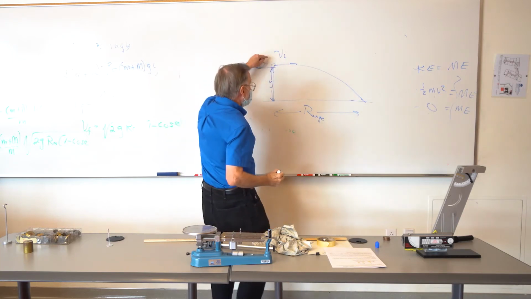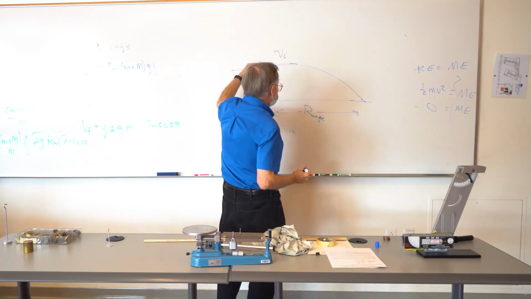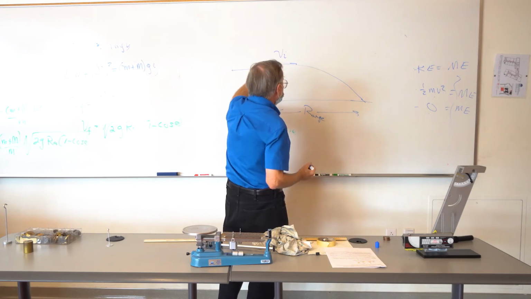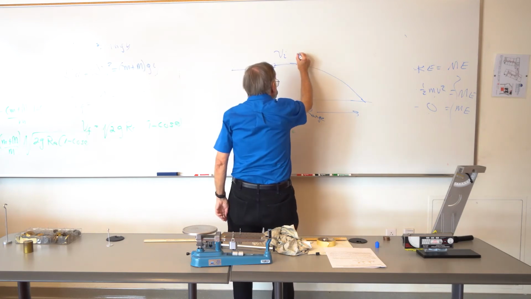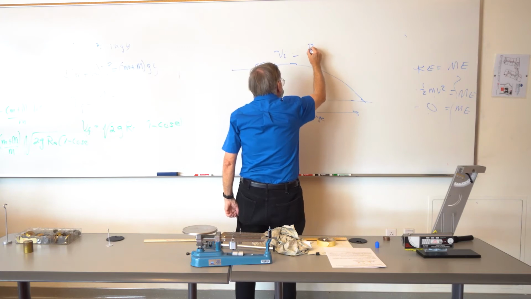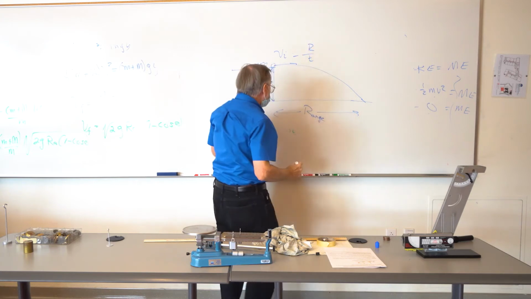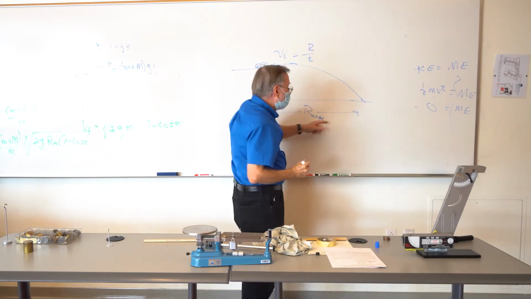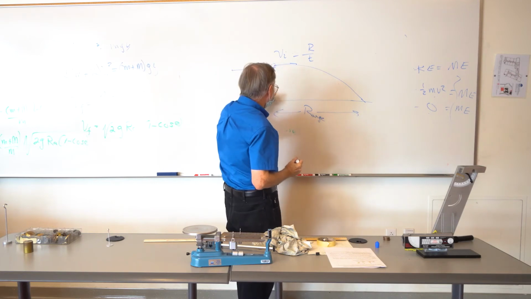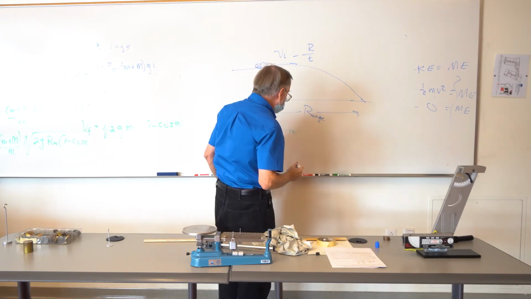Remember, the initial velocity of the ball is an x velocity, horizontal velocity, so it's a constant speed. It's just distance over time. It's the range of how far it goes divided by the time it takes to fall this distance y.